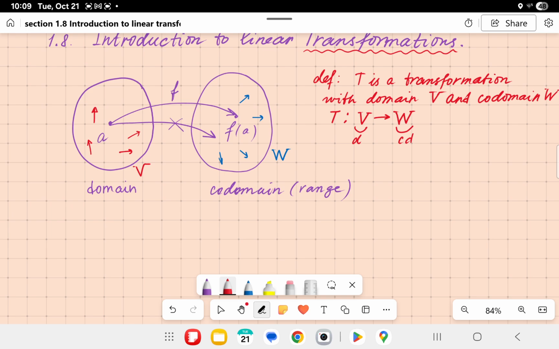Generally speaking, a transformation is a function between any two vector spaces. But for section 1.8, we are going to consider that our V is going to be Rn and our W is going to be Rm. So vector spaces of real vectors with n and m components.